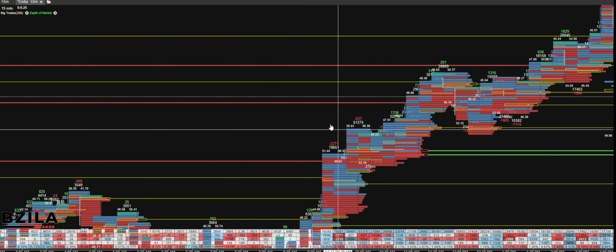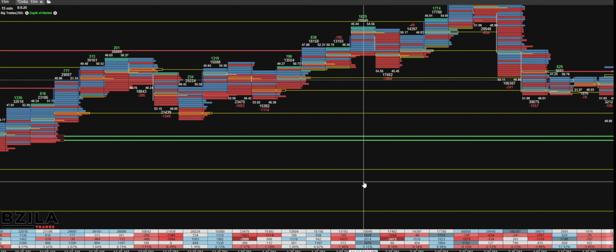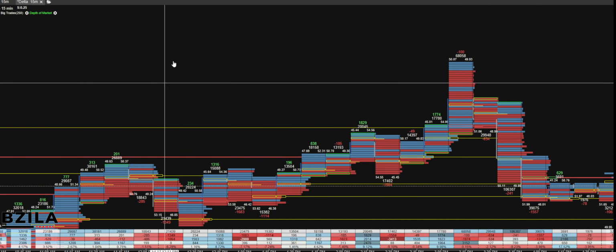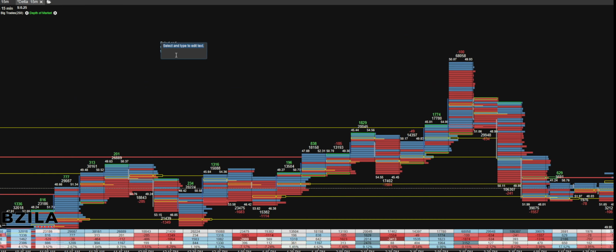So the thing with Delta is, it's going to be the difference. Delta is the difference between market buys and market sells at each price, calculated through the subtraction of the volume of contracts traded at the bid price from the volume of contracts traded at the ask price. Let me type this in so you guys can have a visual of what I just said.